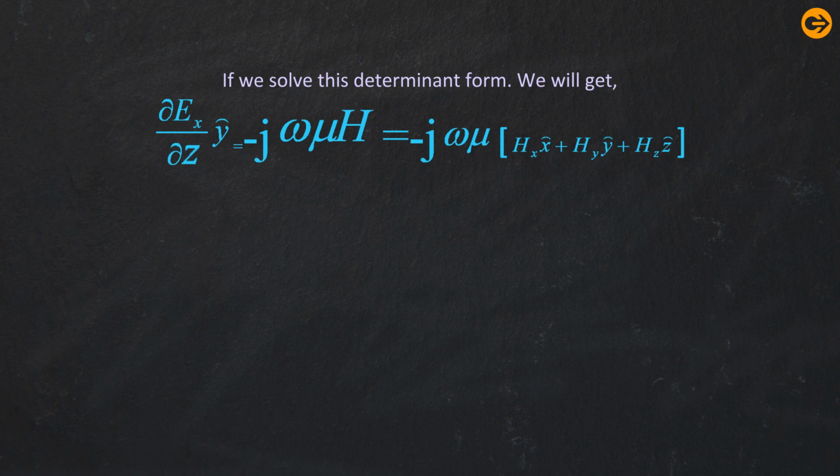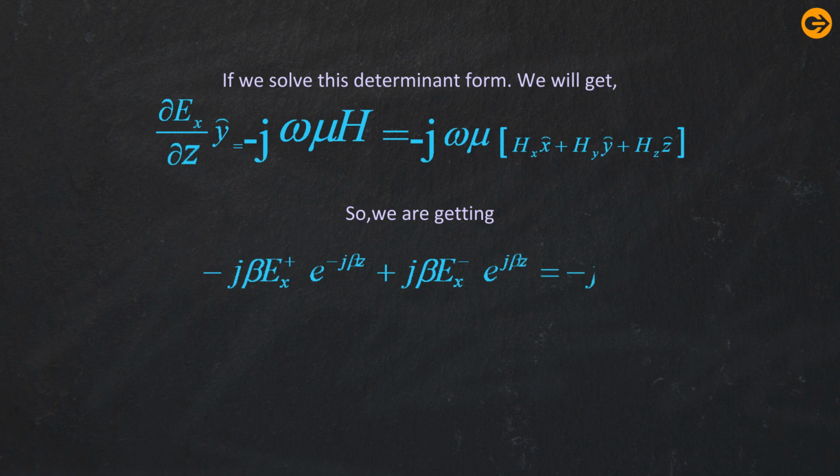After solving the determinant, we have components only in the direction of the unit vector y. So we are getting minus j beta Ex plus e to the power minus j beta z plus j beta Ex minus e to the power j beta z, which is equal to minus j omega mu Hy.